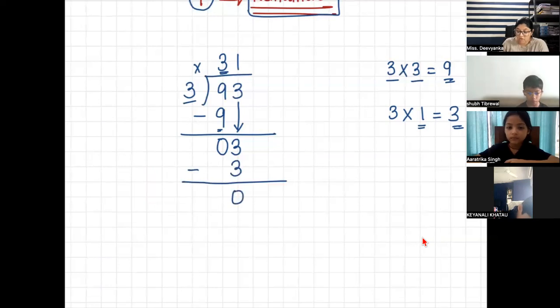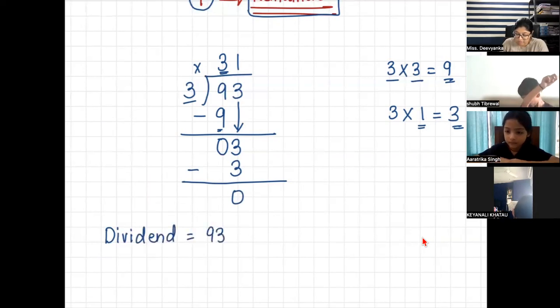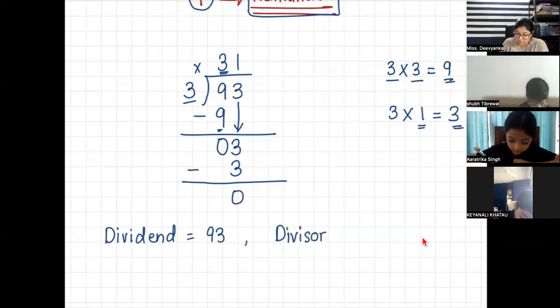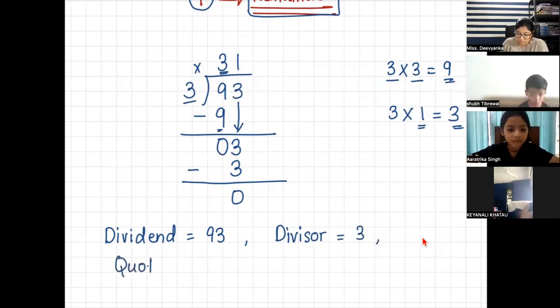3 minus 3 is equal to 0. So now let's write it down. Dividend is what? 93. Divisor is what? 3. Start writing this problem. Your quotient is what? 31.